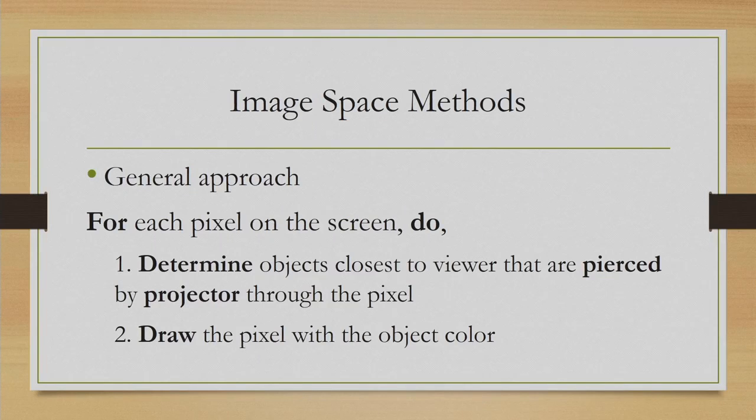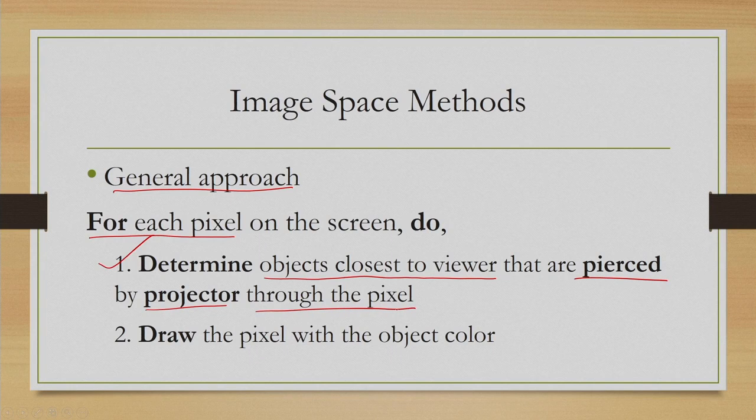Again, there are two steps in the general approach. So, for each pixel on the screen, what we do? We first determine the objects that are closest to viewer and are pierced by the projectors through the pixel. So, essentially the closest objects that are projected to that point.